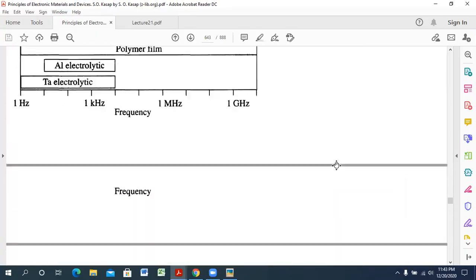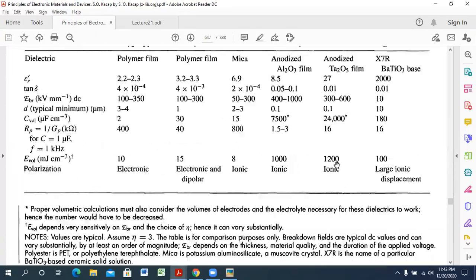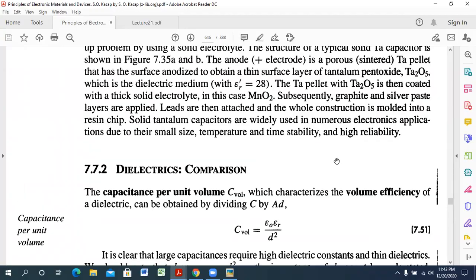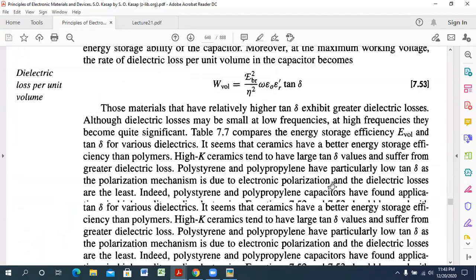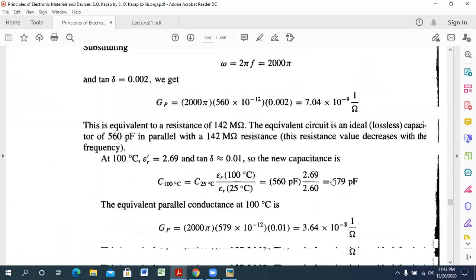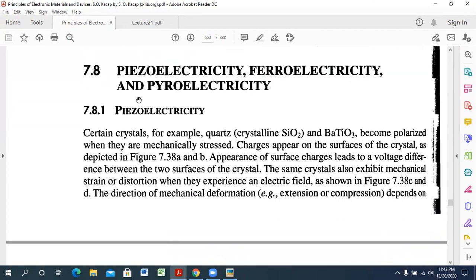No, that one is article number 7.8. Yeah. So next class we will start from the piezoelectricity, ferroelectricity, and pyroelectricity.